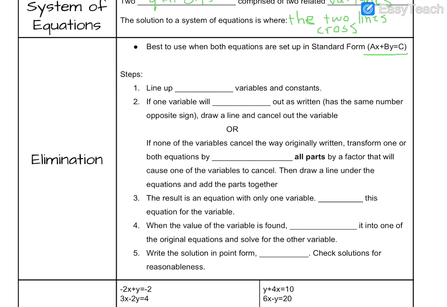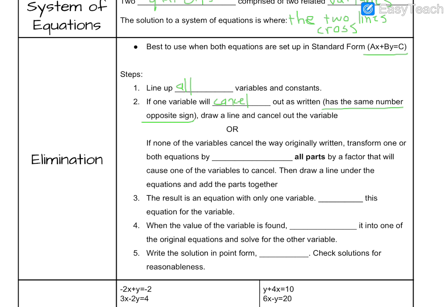So our steps for this, we want to line up all the variables and constants. So that means we want all the x's to be on top of each other, the y's on top of each other, and the just numbers on top of each other also. So then we want to look for if one variable will cancel as it is written, so that means it has the same number with the opposite sign.